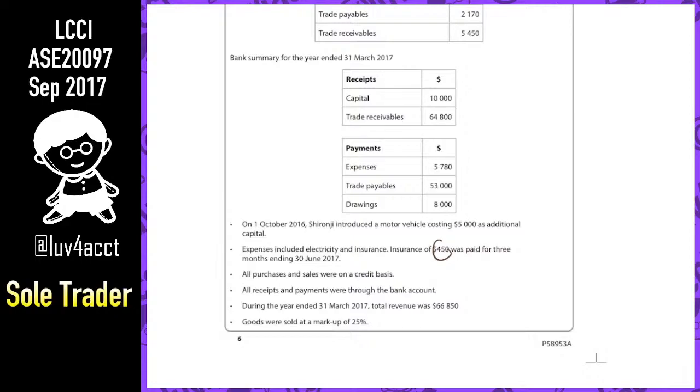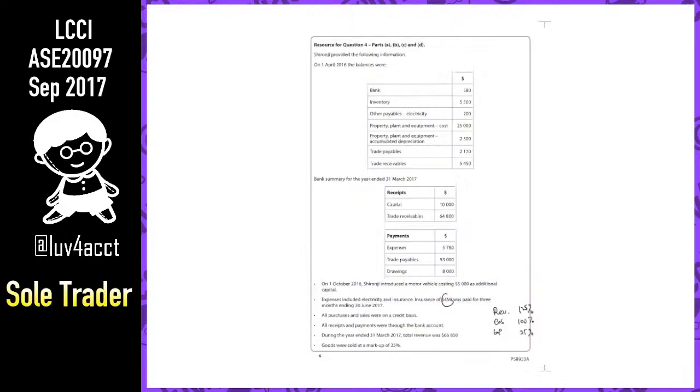If markup percentage is 25%, let us go through this again. Cost of sales will be 100%, so gross profit will be 25%. That means revenue is 125% of cost of sales. So 66850 is 125%.